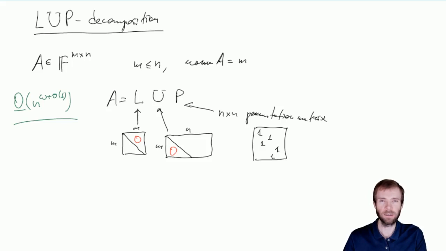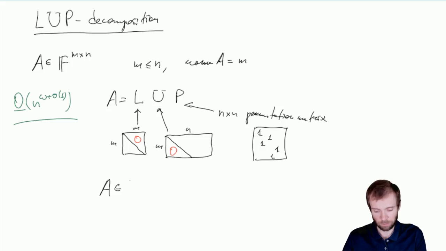So if A is an invertible square matrix, then L and U will be lower and upper triangular matrices, and they will have inverses. And a permutation matrix always has an inverse, which is computed combinatorially, not algebraically. So we just need to take an inverse permutation and take the matrix of it.